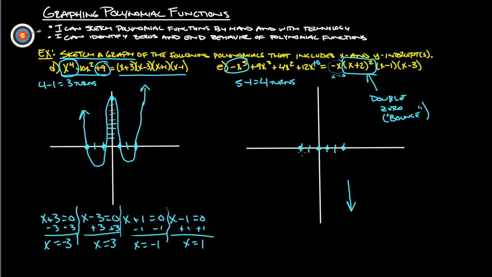So we know it's going to go up, cross through this one, come back down through that one, back up here, and it's going to turn and bounce off of this negative 2, and then come back up. Whichever term here is squared, the x plus 2, that means negative 2, it's going to bounce off of that point right there.